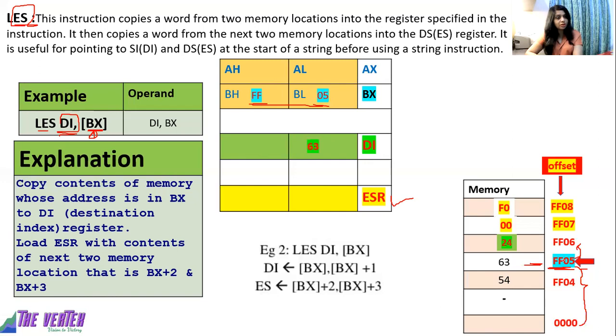BX holds FF05. So this is BX plus 1, this is BX plus 2, this is BX plus 3. The contents of BX plus 1 will get copied into the higher side of the DI register. What next? Again BX plus 2, that means the contents of FF07 will enter into the ES register, the extra segment register.